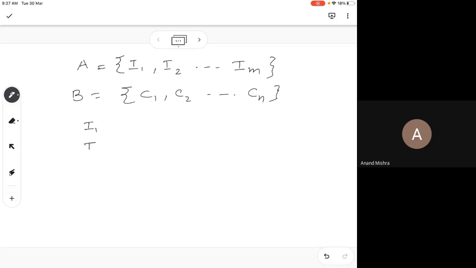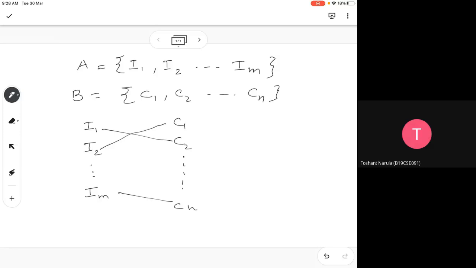So if, let's say, I1 teaches C2, I2 teaches C1, Im teaches Cn, and so on. So will it be a fully connected graph in a natural setting? No, sir.